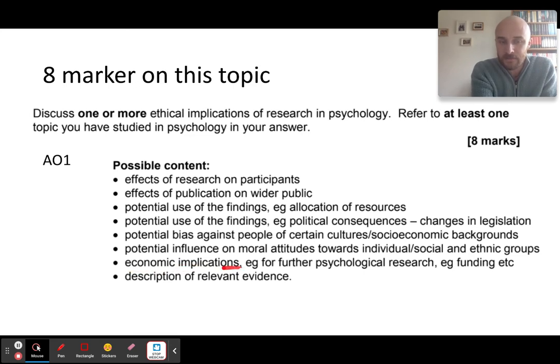One thing we haven't really spoken about actually is economic implications. Funding for disabilities is often based upon research done on those disabilities. So let's just say, for example, hypothetically, there's a condition called fibromyalgia. It's a fatigue disorder.